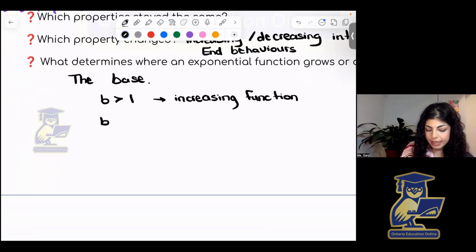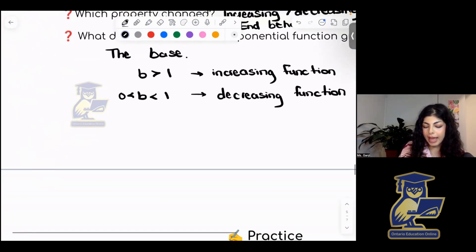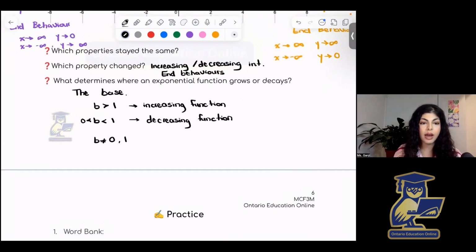However, when b is between 0 and 1, so it is a decimal, then we have a decreasing function because any decimal multiplied by itself repeatedly is going to be smaller and smaller. So that makes our decreasing function. And remember that b cannot be equal to 0 or 1 because that's going to give us just horizontal lines.